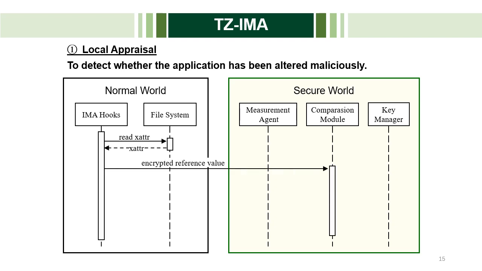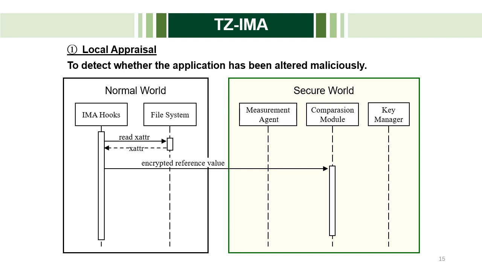Here, to prevent the reference value from being tampered with, TZ-IMA uses a symmetric encryption algorithm to protect the reference value, and the symmetric encryption key is called the appraisal key.